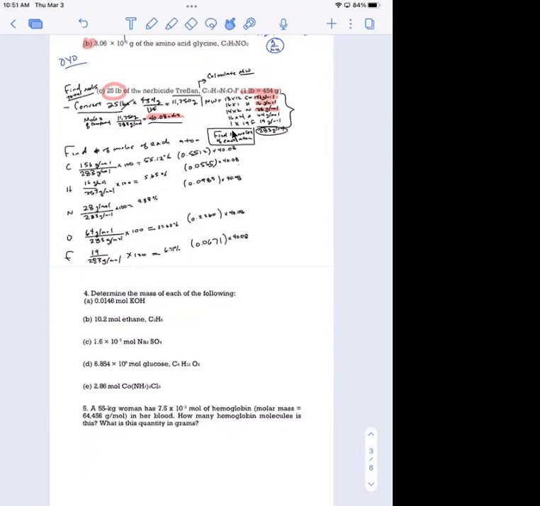So the objective is to use grams and molar mass to find moles, and then use the molecular formula that's given to find percent composition, and use percent composition to find the moles of each atom. Right. So it's only two. Yeah, there's only two steps, or two parts, to that question. I said, that's a lot for two steps. It is a lot. It is a lot.